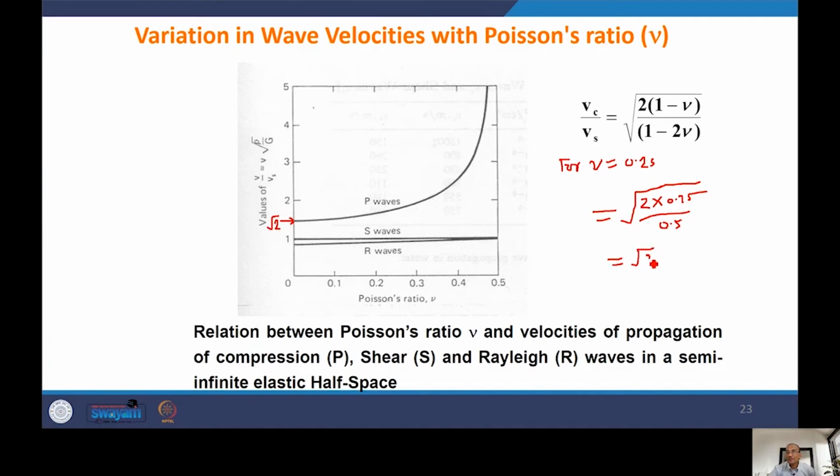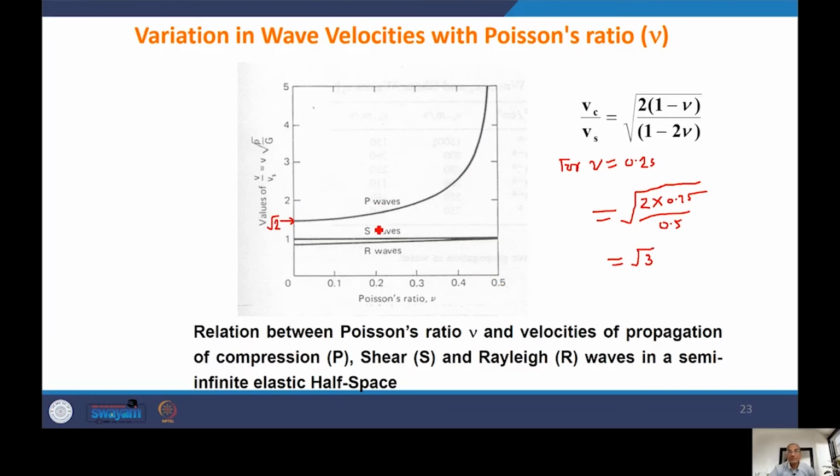So at 0.25, it will be around 1.73. So you could see here it's still less than 2. But as it further increases, especially when the Poisson's ratio is going near to 0.5, it will tend to infinity.